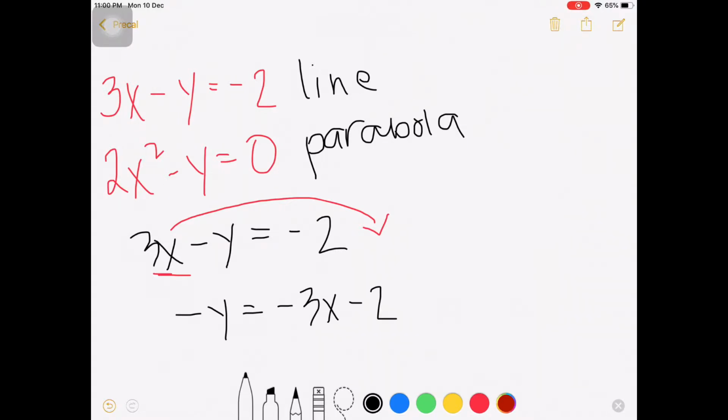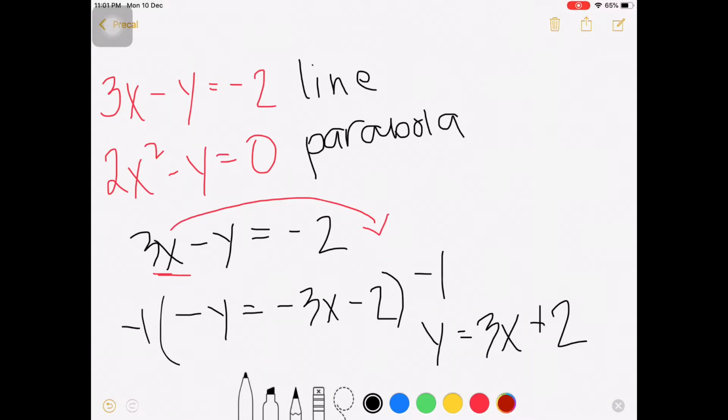But since we cannot leave the y as a negative variable, we have to multiply both sides by negative 1. So then we will have y is equal to negative 1 times negative, which is positive, so we will have 3x, and then negative 1 multiplied to a negative number will also be positive, so we will have plus 2.